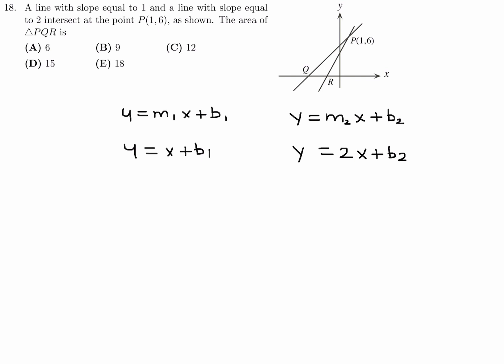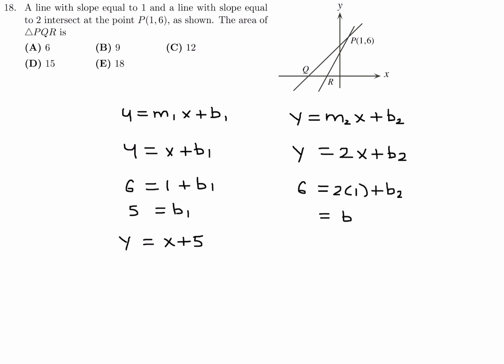So the first one becomes 6 is equal to 1 plus b1, and therefore b1 is equal to 5. So that equation is y is equal to x plus 5. The next one, if I substitute 1,6, I get 6 is equal to 2 times 1 plus b2, and therefore b2 is equal to 4. So that means that equation is y is equal to 2x plus 4.